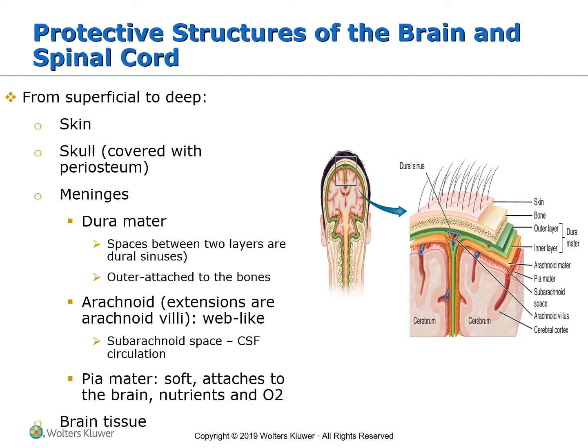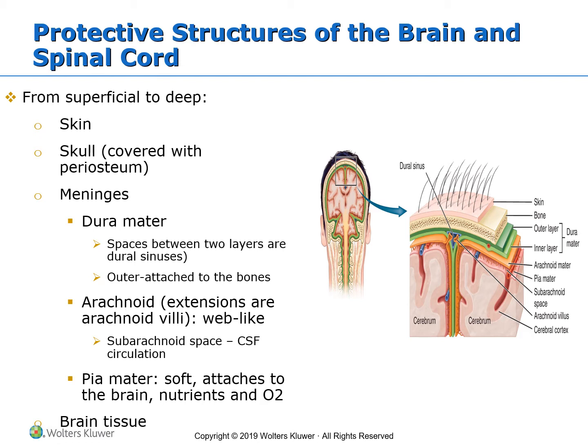Some extensions of the next membrane, the one under the dura mater, will also project into those dural spaces. At the level of the spinal cord, the dura becomes just 1 layer. We're not going to have this 2-layer aspect.